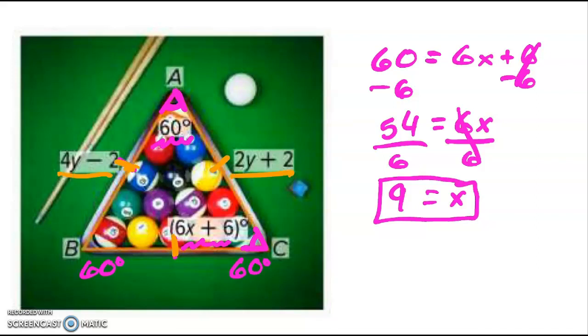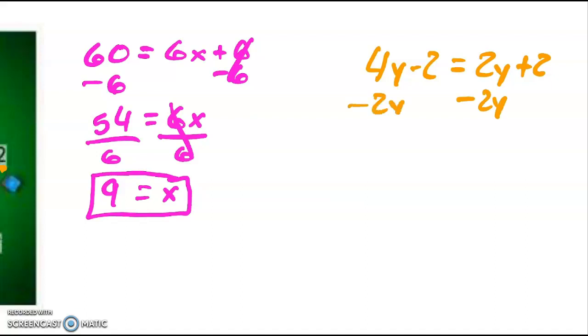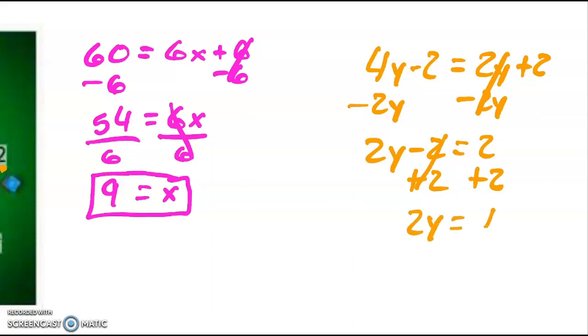So I can set those two things equal to each other. 4y minus 2 equals 2y plus 2. And again, it's going to be a fairly straightforward solution. You're going to get y equals 2.